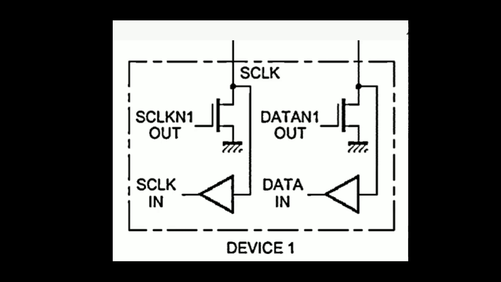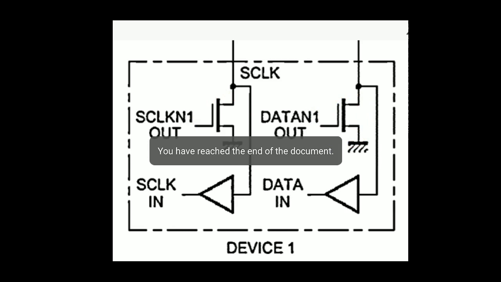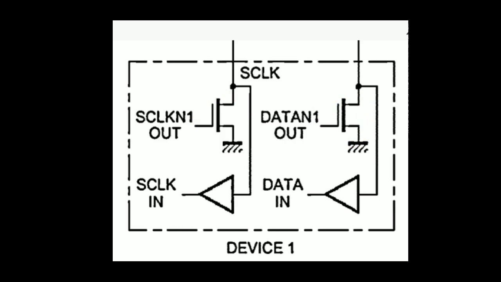Here the device is made of CMOS. So here there are two MOSFETs, one here and one here, and the output will be taken at the drain terminal of this MOSFET.